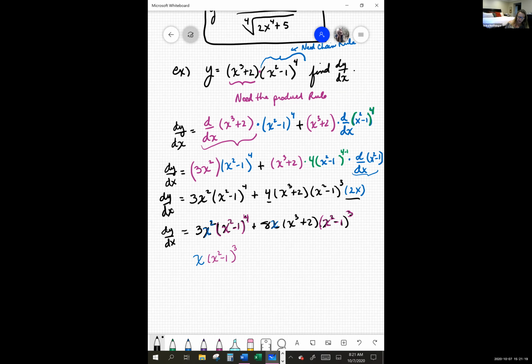So if we pull that out of this piece right here, notice that we have a 3 that's left over. We have a single x that's left over. And we only pulled out the cubed, and this is raised to the 4th power. So we have one of these parentheses, x squared minus 1 left.